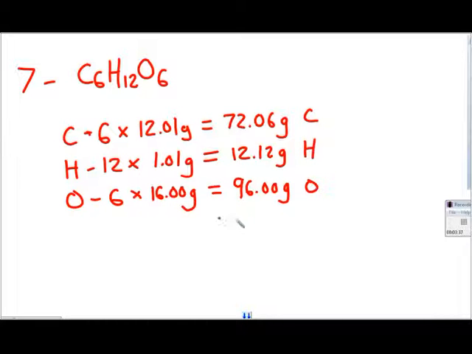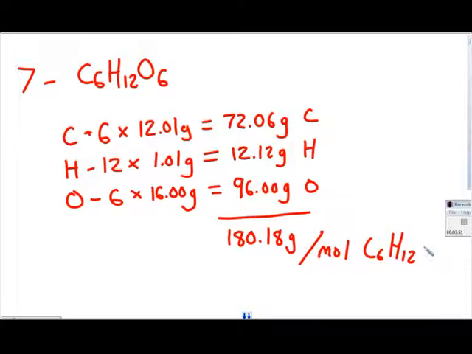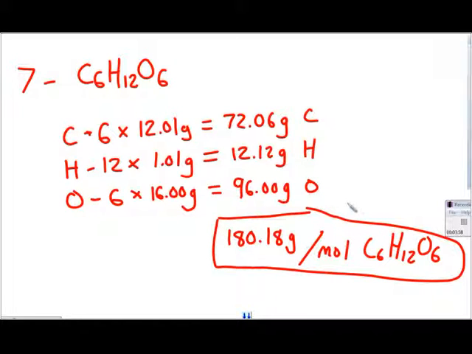So I have to add up all 3 of my parts, my carbons, my hydrogens, and oxygens, put them together, and I find out the molar mass for glucose. Alright, there it is. There's my answer: 180.18 grams per mole.